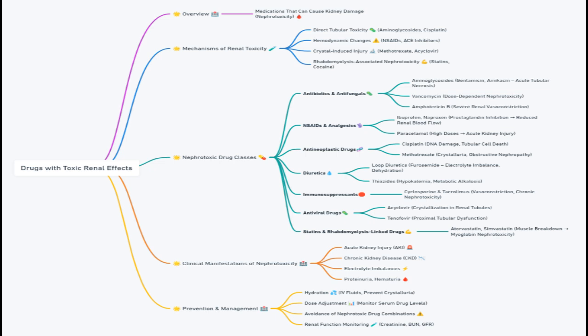antifungal agents, for example, amphotericin B. It's an agent that is used in the treatment of life-threatening fungal infections, and it's available for use in two forms: a conventional form and a more recent liposomal form.